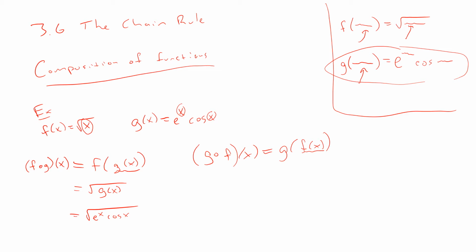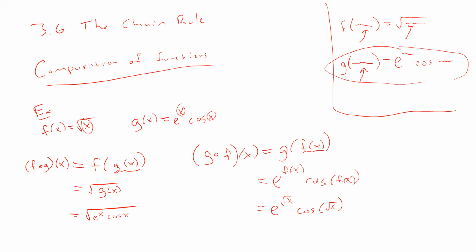So strictly based off of the idea of function notation, this means we're doing e raised to the f of x times cosine of f of x. Okay, but again, we know exactly what f of x is. It's the square root function, so we don't have to write f, we can actually write the function itself in there. So this is equal to e to the square root of x times cosine of the square root of x.